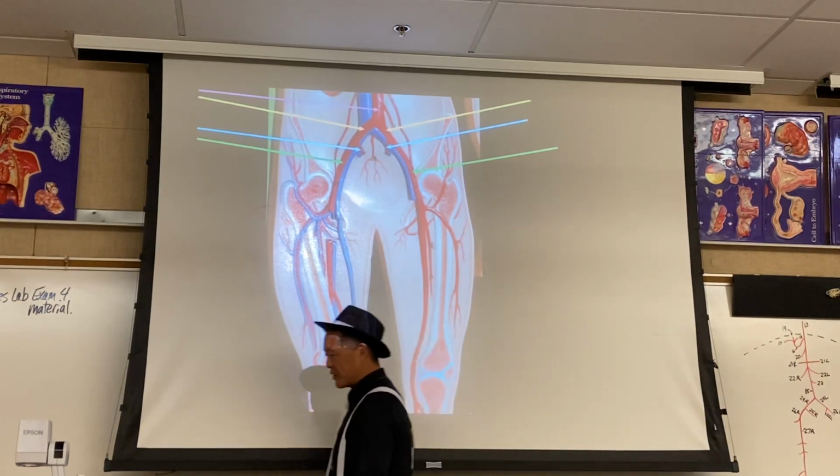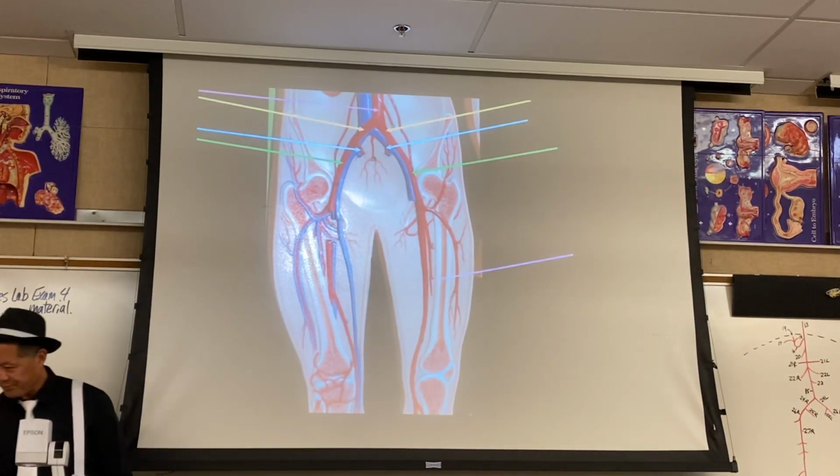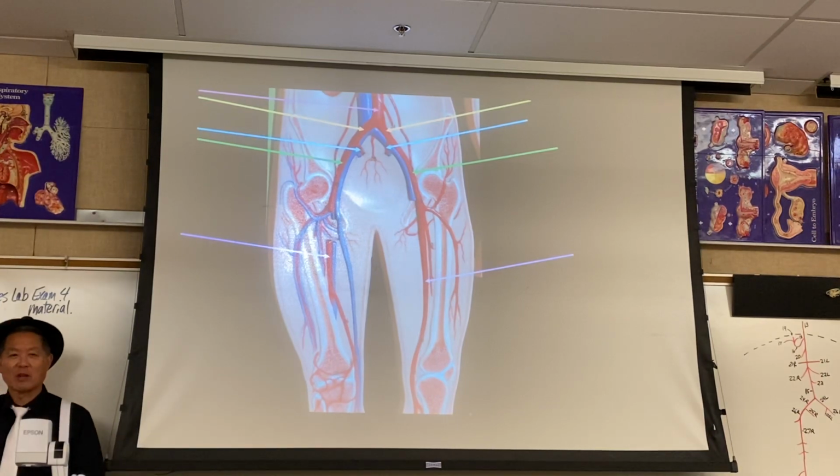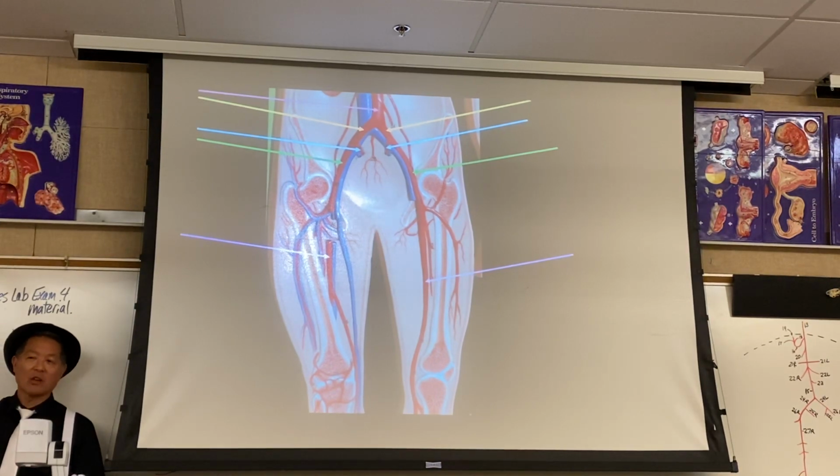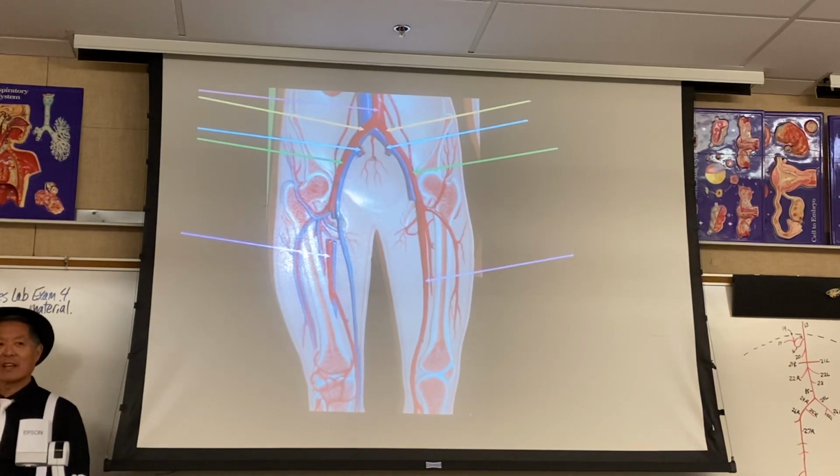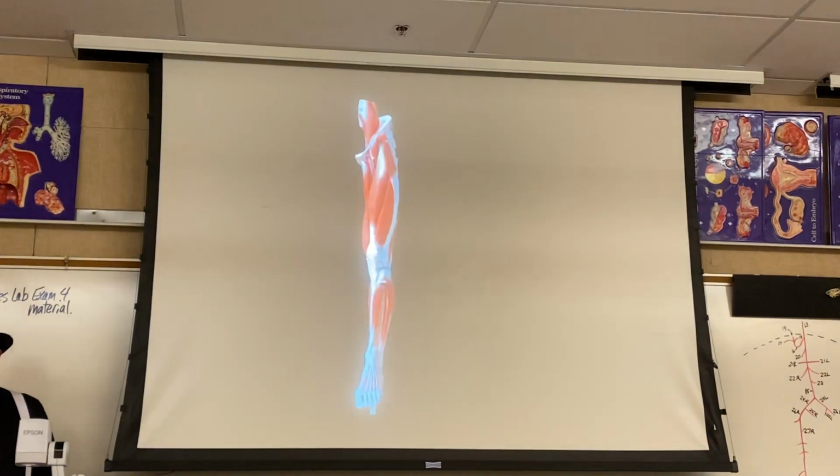In pink are the right and left femoral arteries, 27. Femoral artery is anterior at the triangle. It finds a seam in the quadriceps, goes deep, goes right next to the femur, and comes out on the posterior side. What started in the anterior goes posterior.